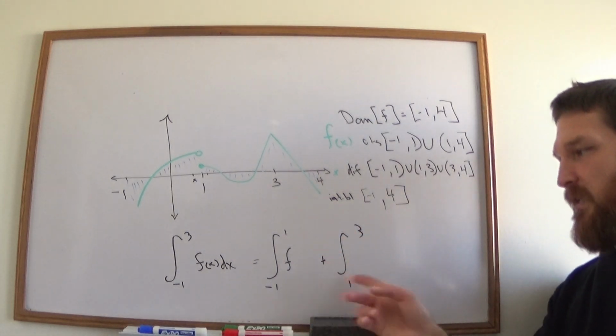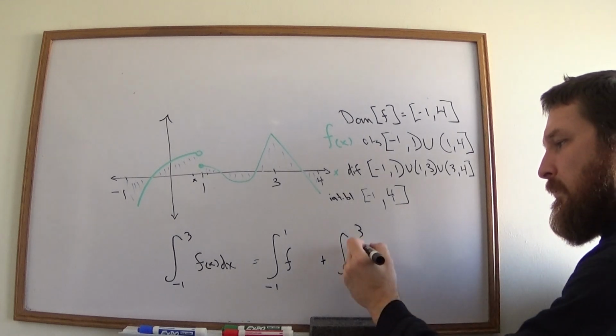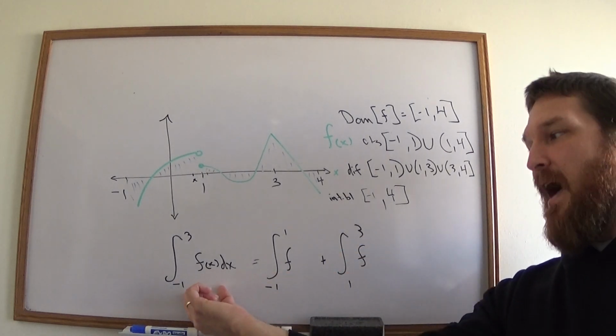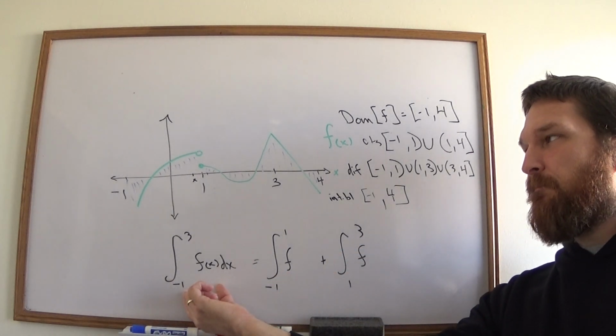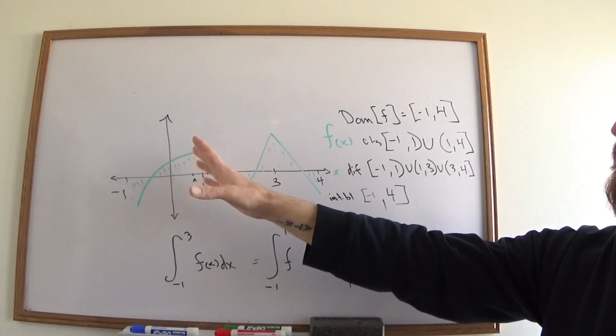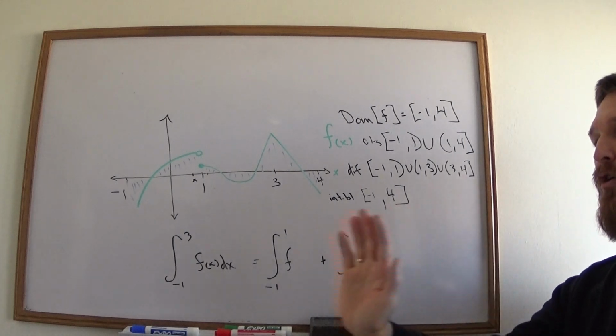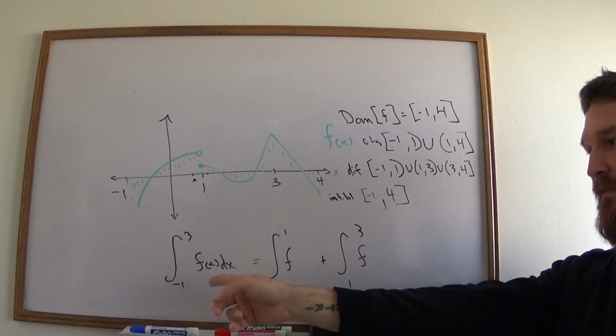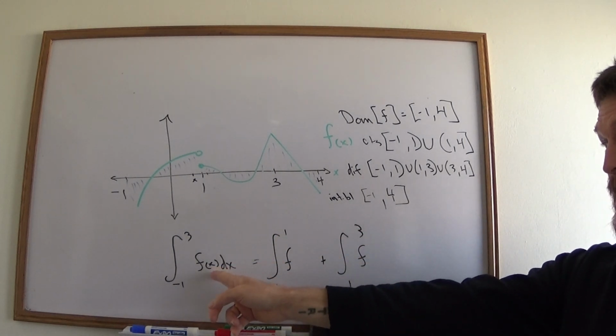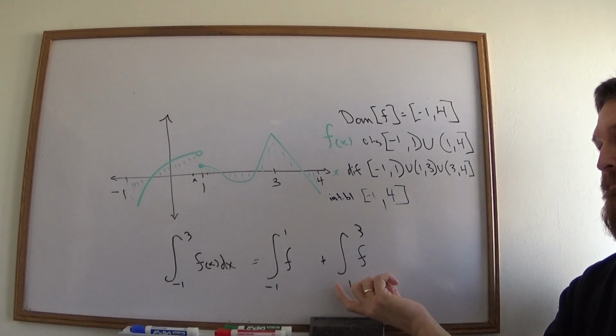And that's how you would calculate it. But this is equal to that. Okay. So there's no problem with a discontinuity right there. You can integrate over it, and it's equal to doing them by pieces.